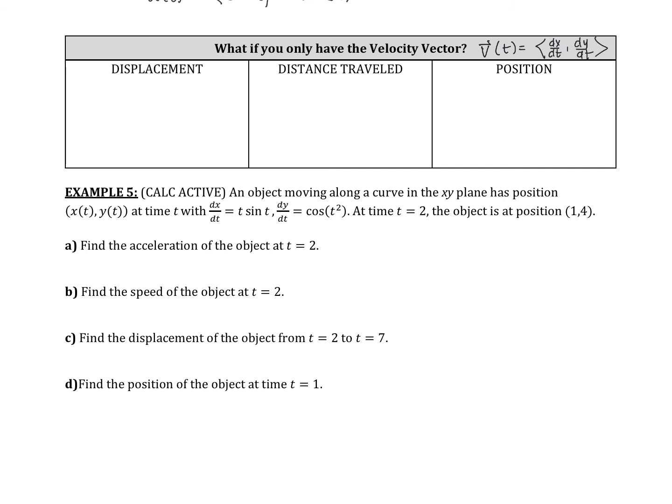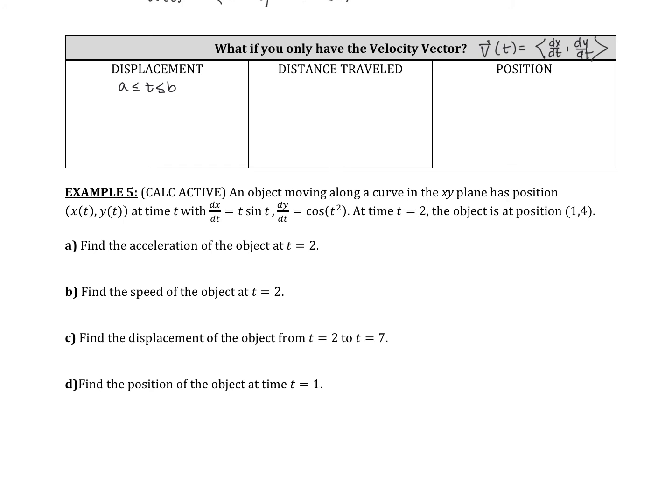Okay, so when we talk about displacement, displacement is expressed in an interval. Like, how far is this particle displaced? Find the displacement of the object, and it will give you a range of values.